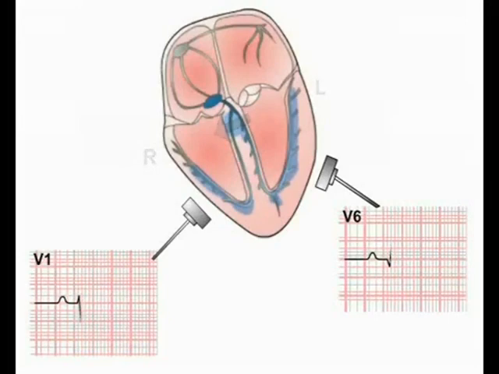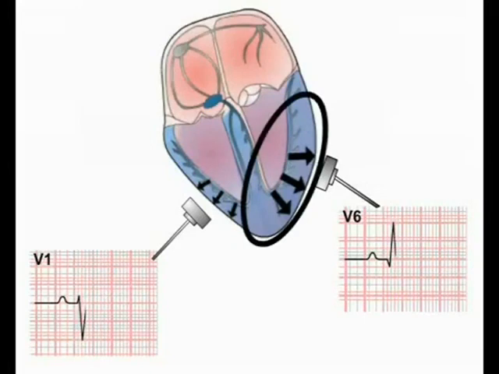To understand what happens next in the recordings, it is important to realize that the magnitude of the electrical signal generated by depolarizing muscle is directly proportional to the mass of muscle generating it. What this means is that the more muscle present, the more electrical signal generated, and the more signal the ECG machine detects. The left ventricle has a much greater muscle mass than the right, and so dominates the electrical signal of ventricular depolarization in all leads.